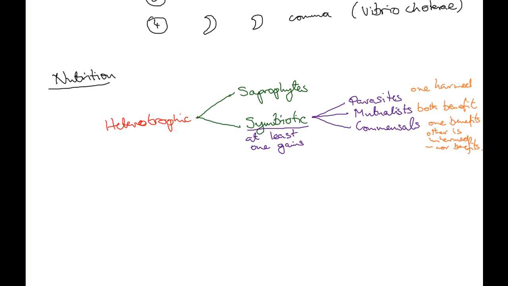Okay, so apart from the heterotrophs, going back to one of the two major ways that bacteria can gain their nutrition, we have the autotrophs. Now, plants are the obvious autotrophs. Autotrophs are organisms that can make their own food from simple inorganic raw materials. Plants do that with water and carbon dioxide.